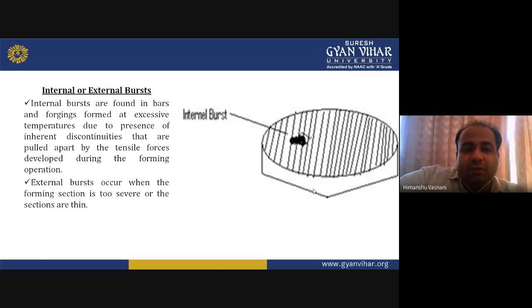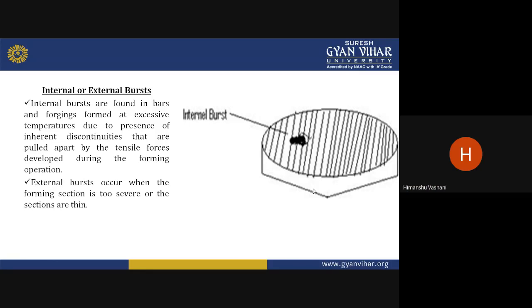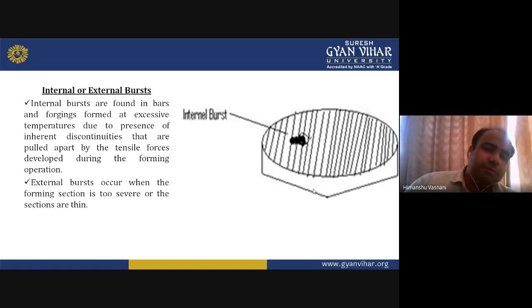Due to the removal of the gases, and you're applying force for pulling apart, at that time it may lead to some internal burst. And external burst, as you can understand, if the sections are thin and there are blowholes inside as an inherent discontinuity, then also it may break down. So these kinds of issues are also a part of primary processing discontinuities.